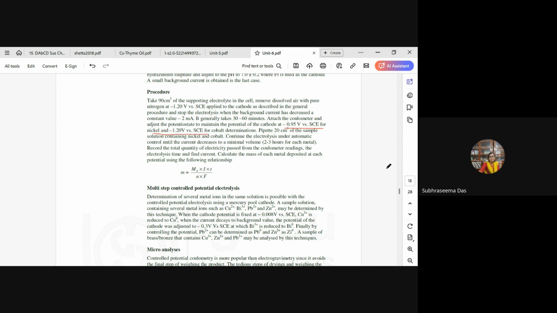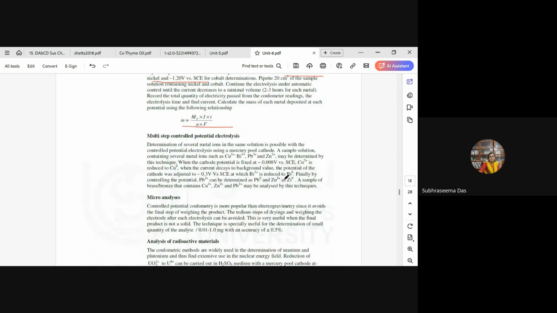Then we pipette 20 ml of the solution containing nickel and cobalt. We continue the electrolysis under automatic control, a minimum of 2 to 3 hours for each metal. Then we record the quantity of current consumed from the coulometer readings, and using this formula we can calculate the mass of each metal deposited at the electrode.